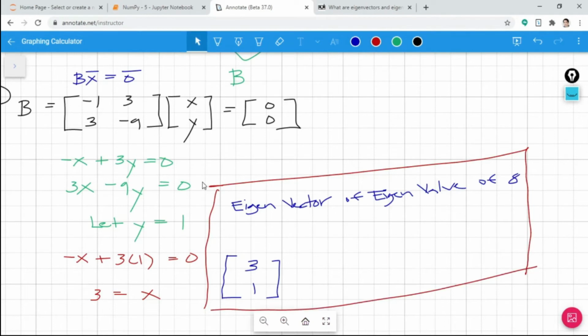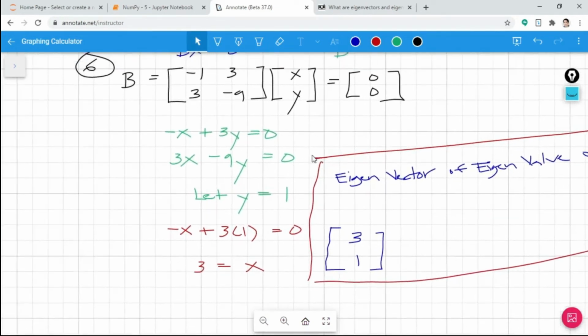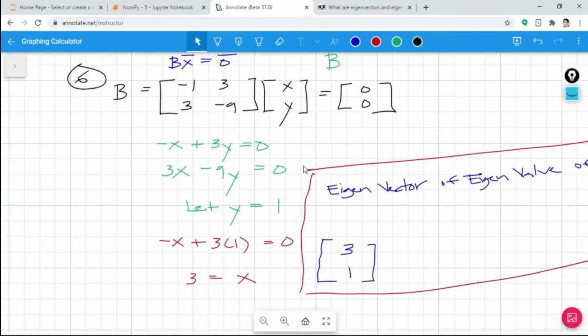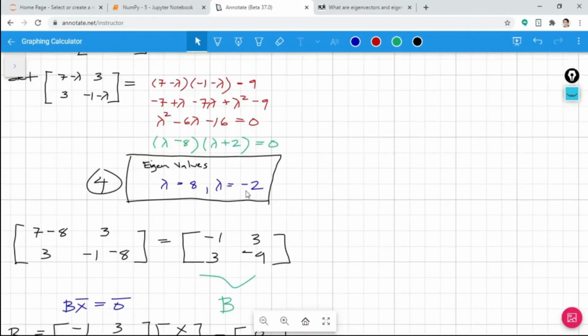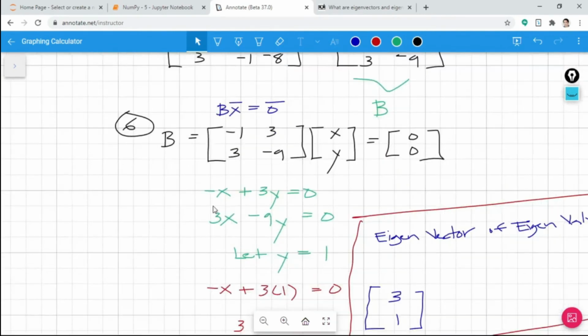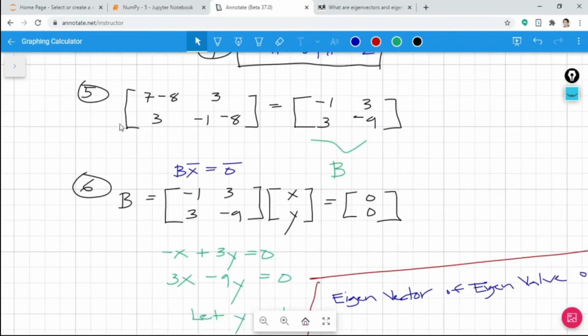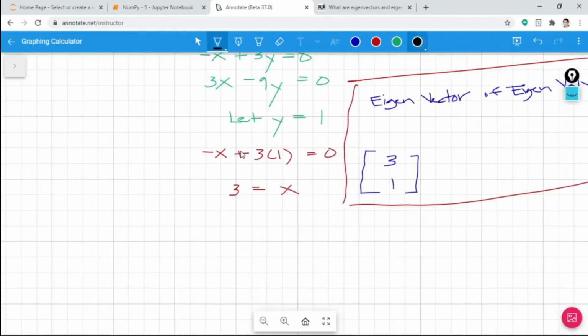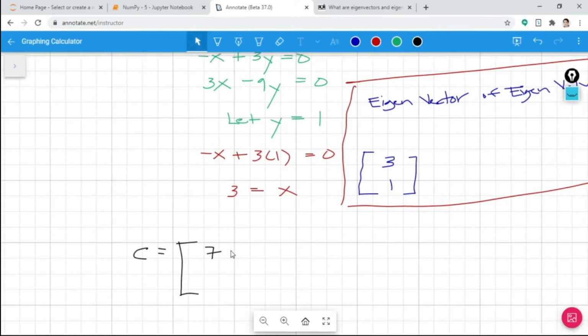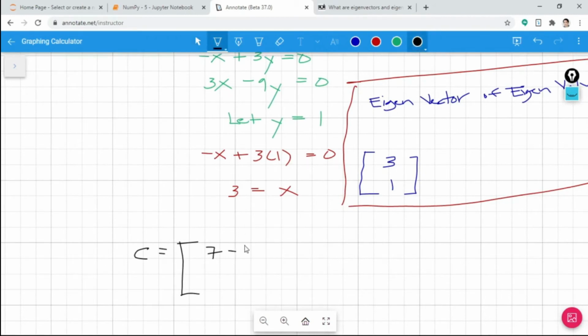So again, as I said earlier, we repeat the process for the negative 2. So we repeat the process right here. So we will use the same equation. So let me number this, how about letter C is equivalent to, I think, 7. Okay, so we got 7, so minus, so this one is negative 2.